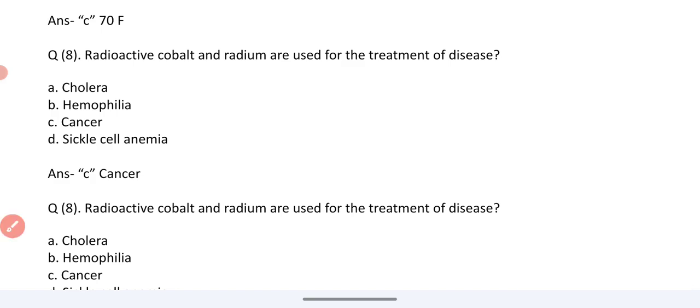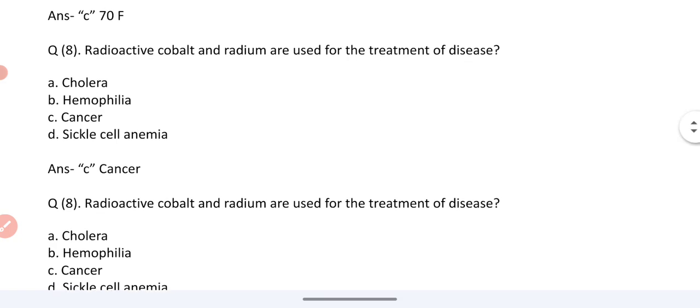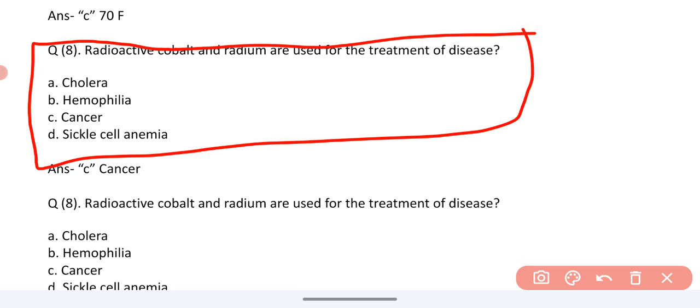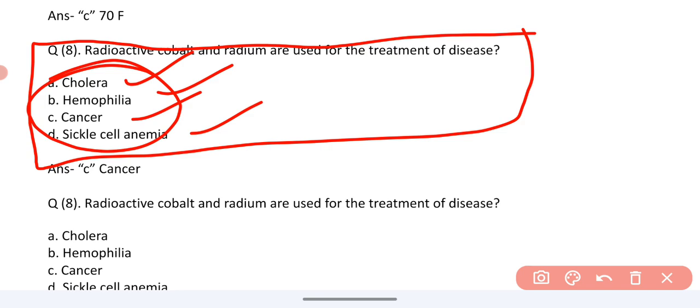Whenever you are studying a question, for example, in one question, how many options are there? 1, 2, 3, 4. Four options are there. So you should think about the rationale or the possible questions related to these options.